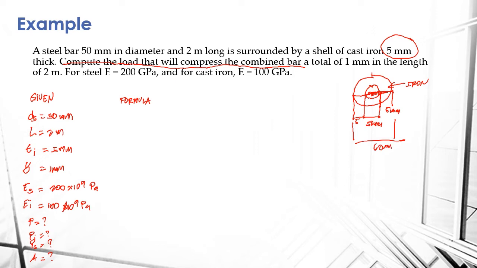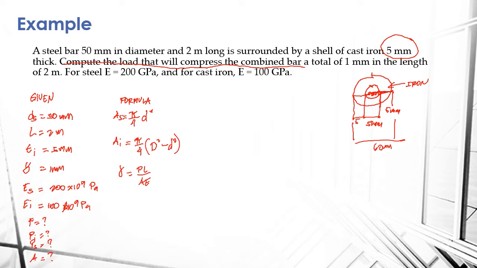So, the area of the steel is simple because it is just a circle. Area of the steel is equal to pi over 4 d squared. The area of the iron: pi over 4 again, times the big diameter squared minus the small diameter squared. Next, the formula for elongation is equal to PL over AE.